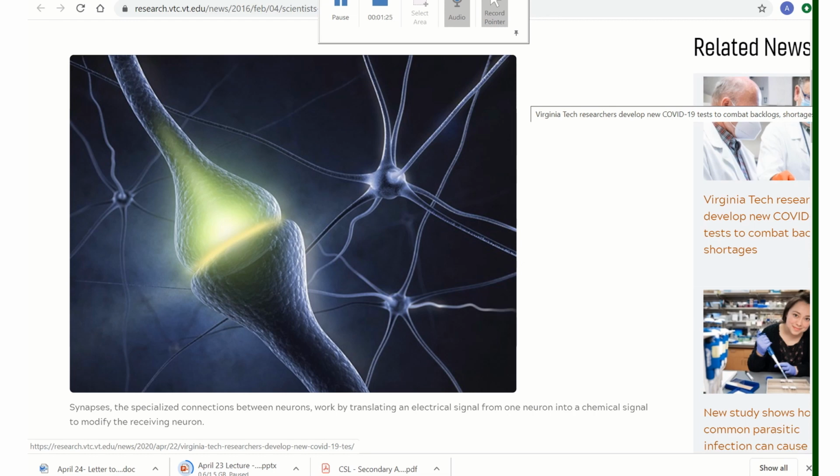Whenever you're learning anything new, different neuron cells start to make connections, and the connection they make is called a synapse, a special connection between neurons. That's how learning happens, when one cell can communicate with another and they can pass signals.